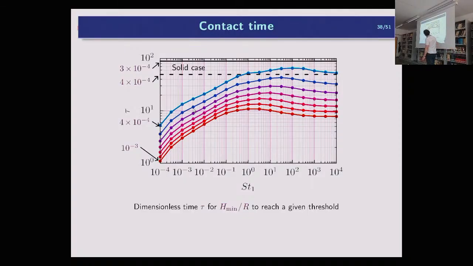So if we take, for instance, 4 × 10⁻⁴, which is a dimensionless quantity, but it's a small typical thickness of the film, then we are going to reach a maximum here, which does not correspond to a solid surface. It's a finite Stokes number, but it's very large. So there are still open questions about this problem.